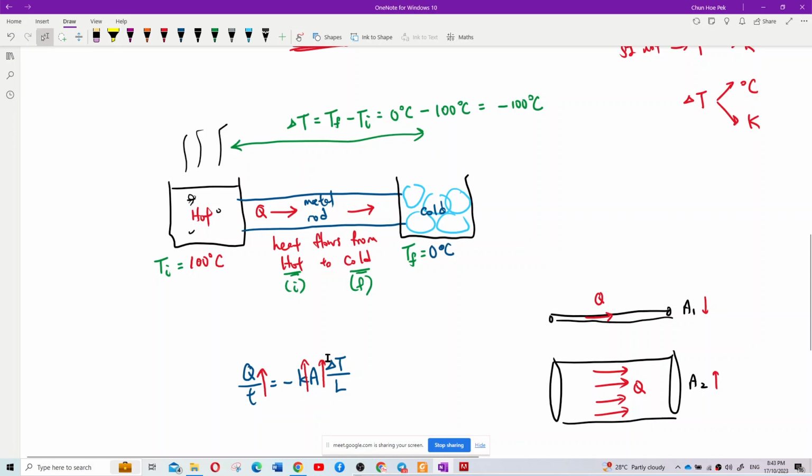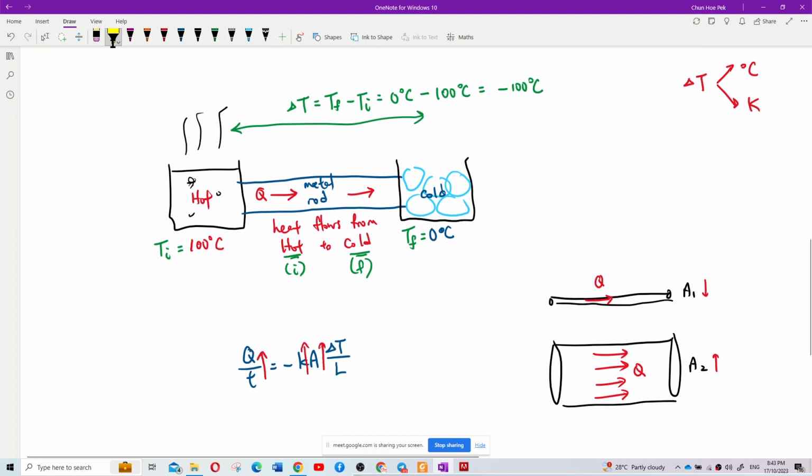Understand or not? This change of temperature is always a negative value. Why is delta T always negative? Because we always take the cold minus the hot. Why must we take cold minus hot?